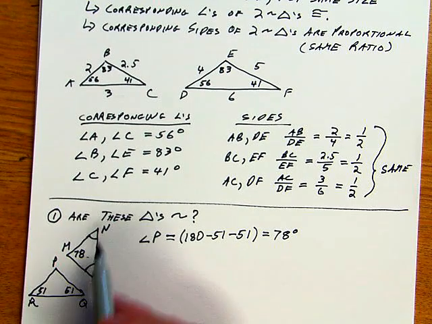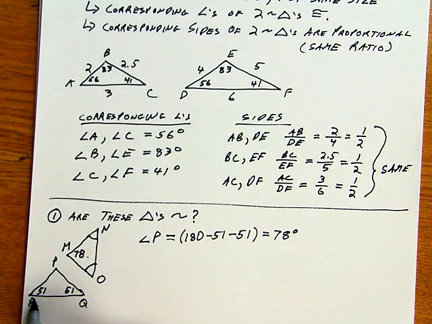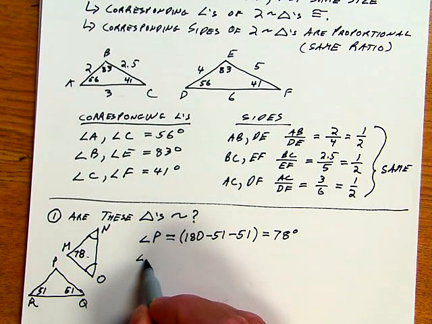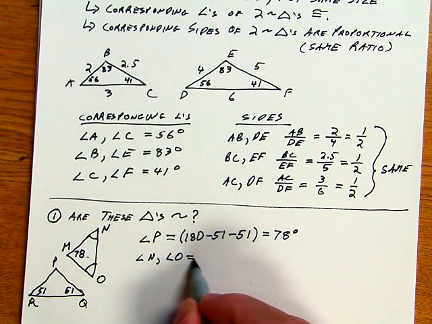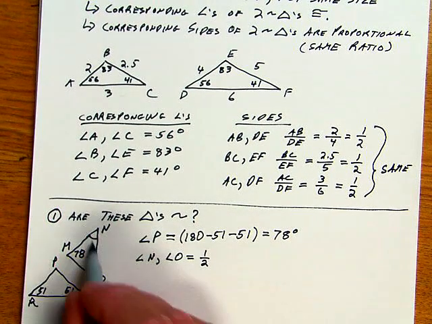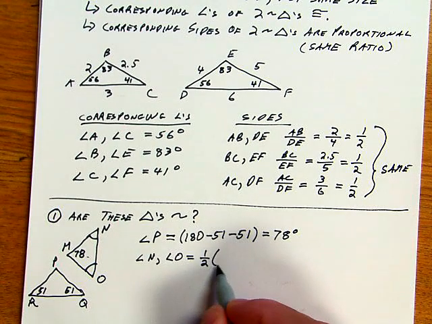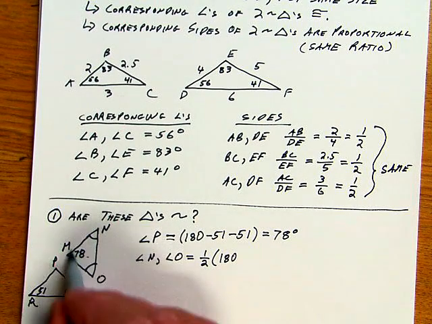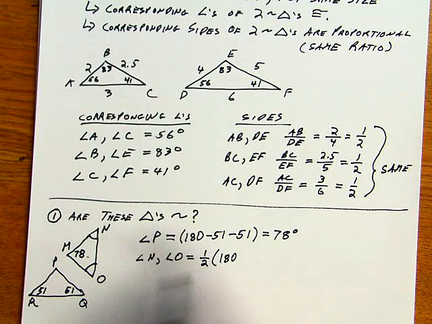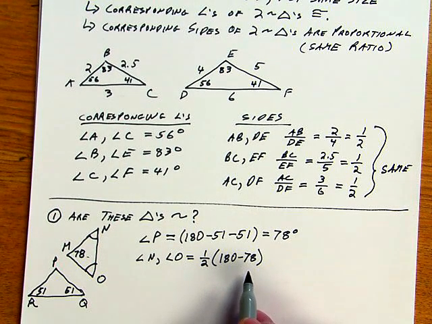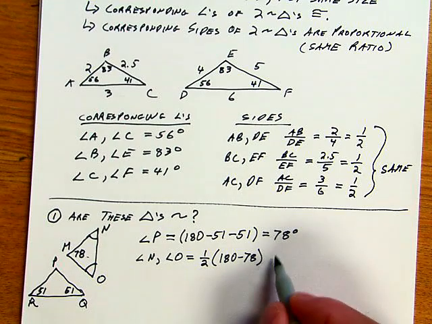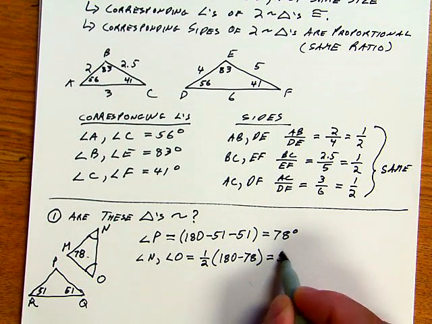Okay, so now I've got to find out if N and O are equal to R and Q. Well, angle N and angle O are both equal to 1/2, because they're the same, of 180, the full triangle, minus the 78. 180 minus 78 is 102. 102 divided by 2 is equal to 51.